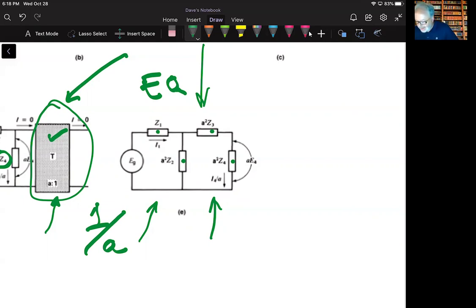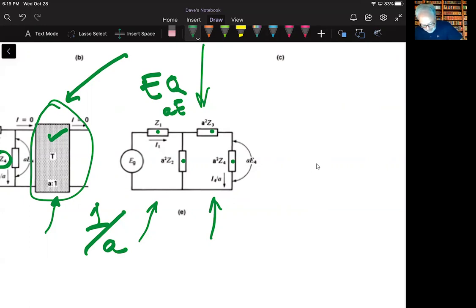Okay, so that is how we get to do circuit analysis based on this shifting and remembering these fundamental equations that relate voltage to the turns ratio, and how the turns ratio and the current ratios are inversely related.